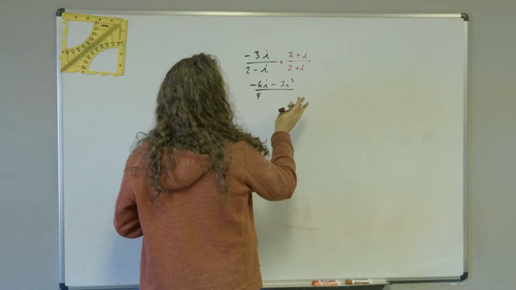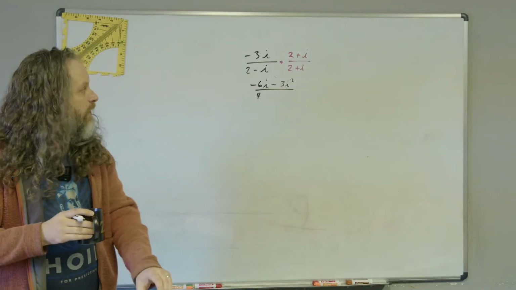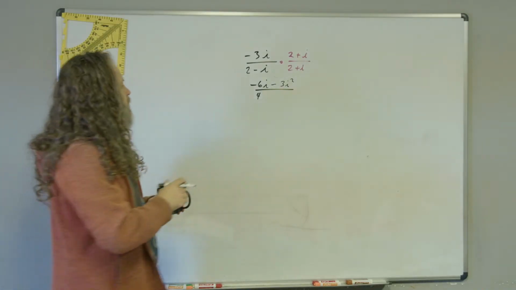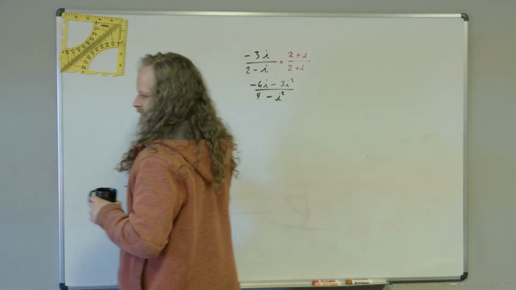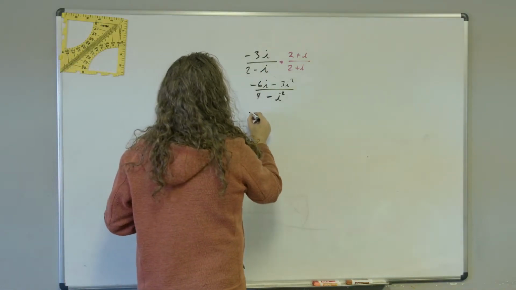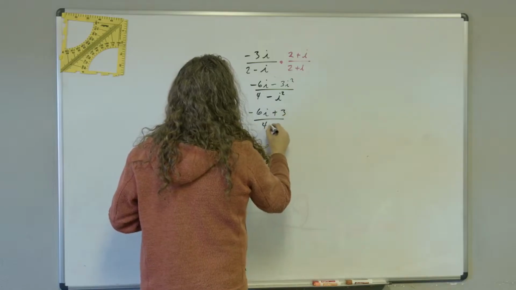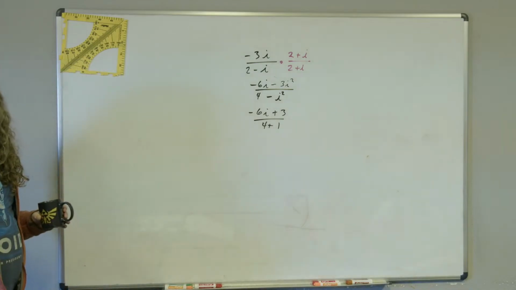And the last, because outside and inside are going to cancel out since you're multiplying by the conjugate, negative i times i is what? Negative i squared. What does i squared equal? Negative 1. So it's going to flip the sign up there, flip the sign over there. So then we've got negative 6i plus 3 over 4 plus 1. Just need a little bit to clean it up and we're done.